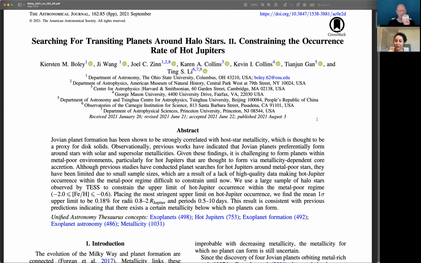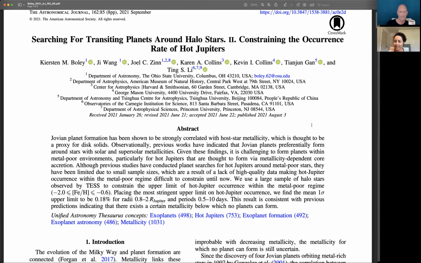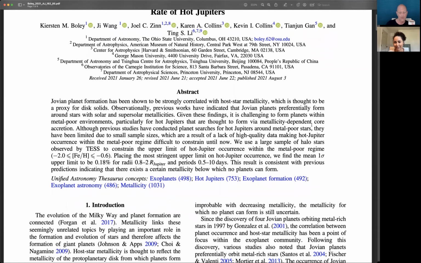But generally, this paper is looking at how much material is required to form a planet. One of the reasons we look specifically at halo stars is because they're some of the oldest and most metal-poor stars in our galaxy.